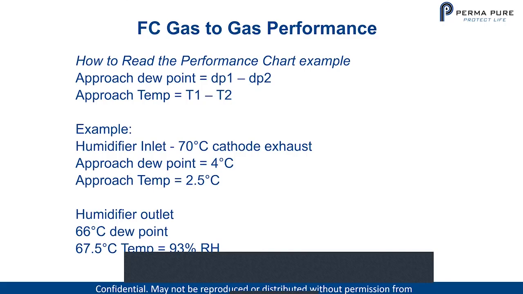So our example shows here on the screen a humidifier inlet of 70 degrees cathode exhaust with an approach dew point of 4 degrees C and an approach temperature of 2.5 degrees C. That yields a humidifier outlet of 66 degrees dew point, that's 4 degrees difference, at a 67.5 degree temperature, and we can calculate that relative humidity, which is calculated at the 67.5, right? Not at the 70 degrees C. And that relative humidity is 93%.